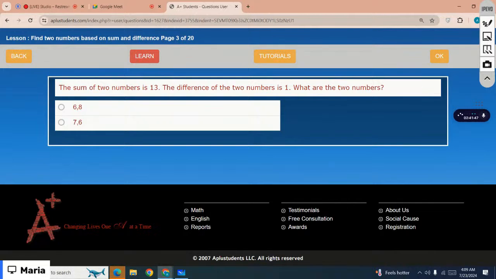The correct option is, yes, 7 and 6. Option number 2 is the correct option. 7 plus 6 makes 13. And when you subtract, the answer is 1. So option number 2 is the correct option.